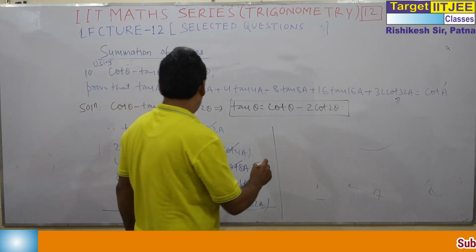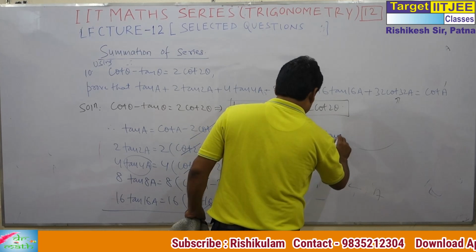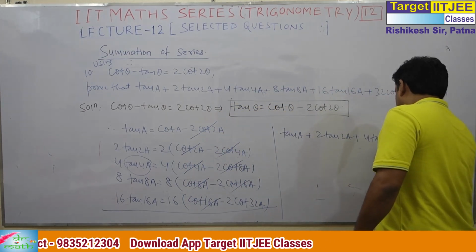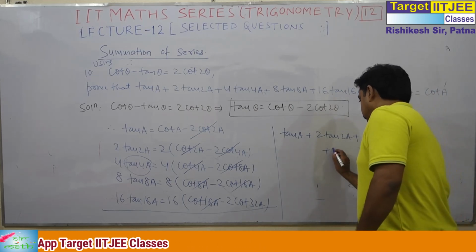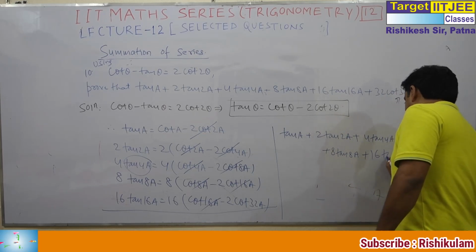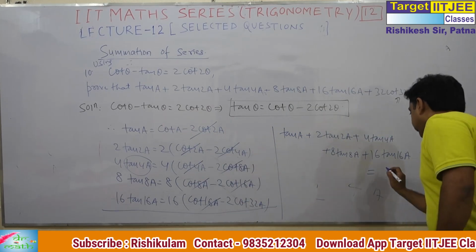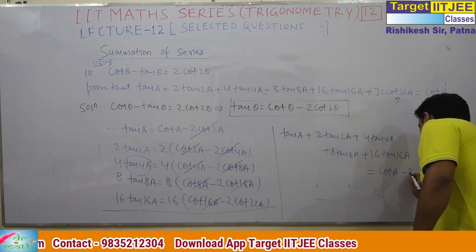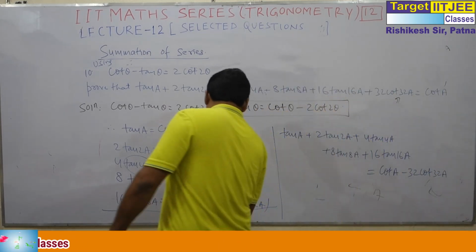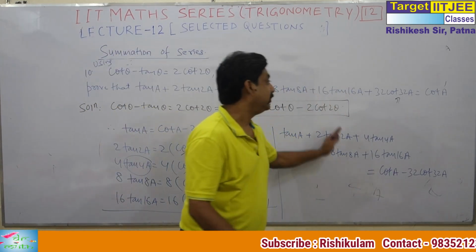And adding, we get tan A plus 2 tan 2A plus 4 tan 4A plus 8 tan 8A plus 16 tan 16A equals cot A minus 32 cot 32A. Put this to the left side and you get the expression.